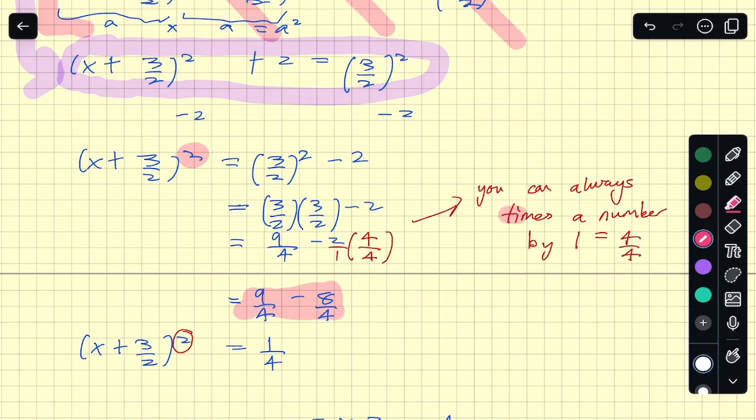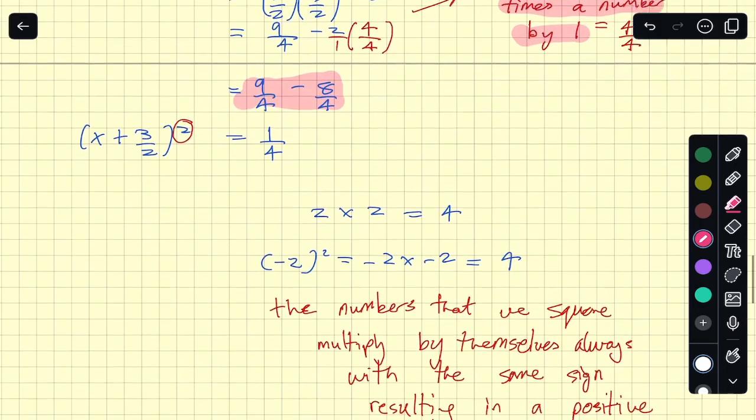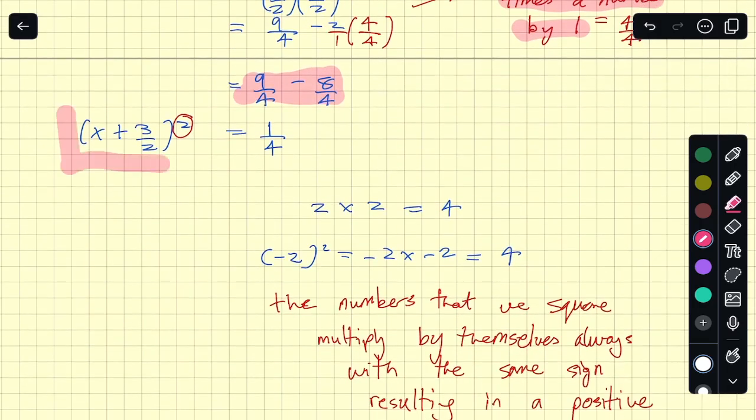And remember, you can always times a number by 1. Then from here you'll get something that's hopefully pretty simple. You've got fractions, but keep practicing and fractions will get easier. Remember that a number, if you square it, that's not 0, will always be positive.